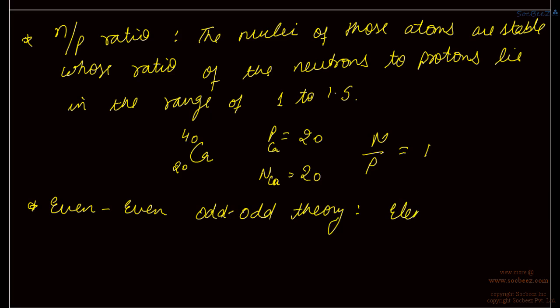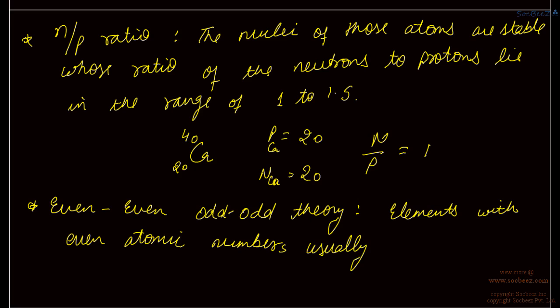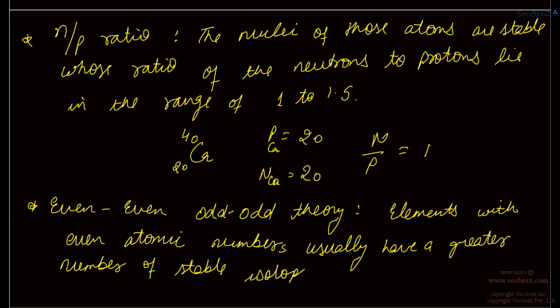In this case, elements with even atomic number usually have a greater number of stable isotopes than elements with odd atomic numbers.